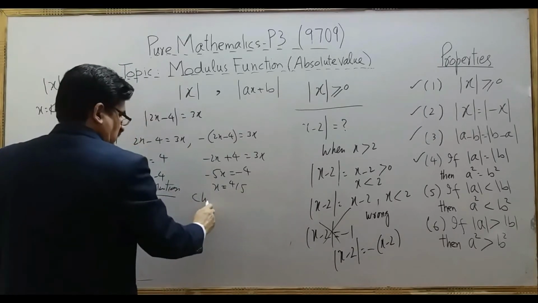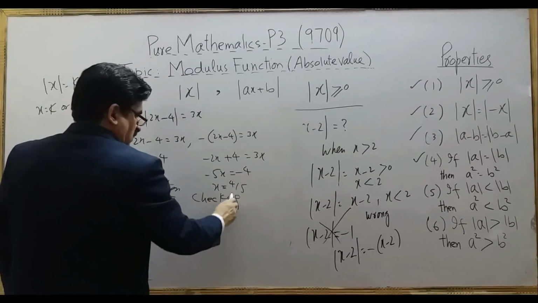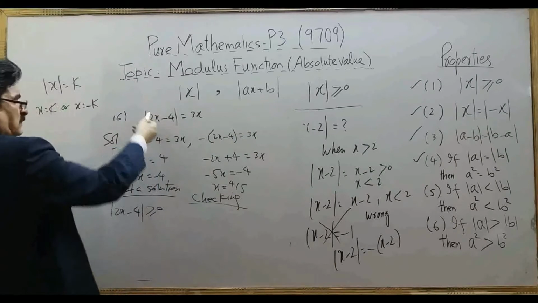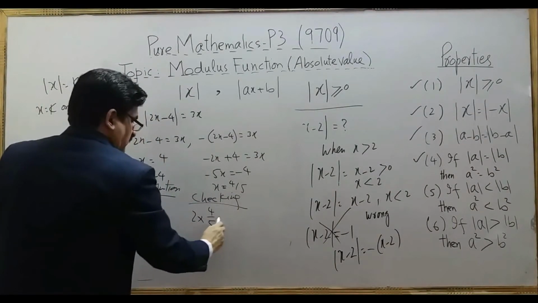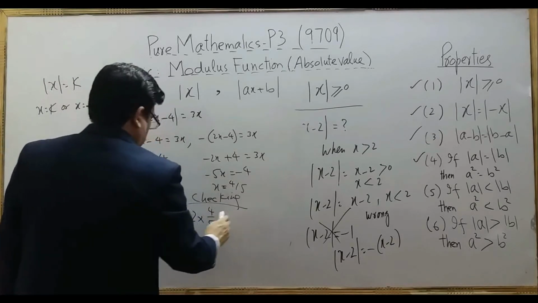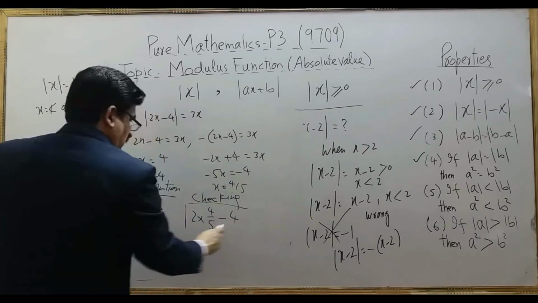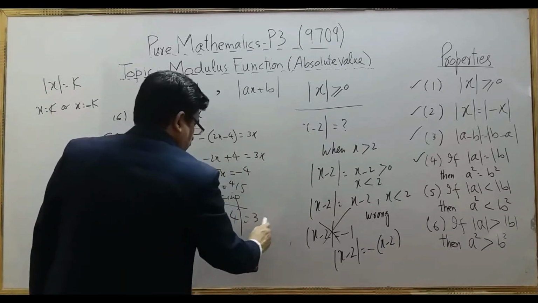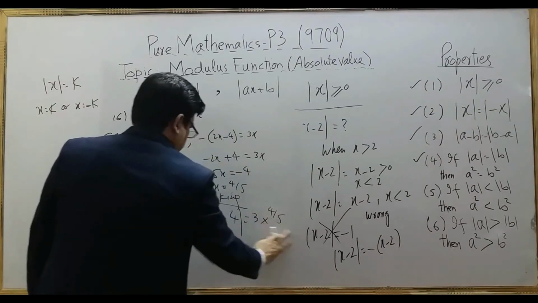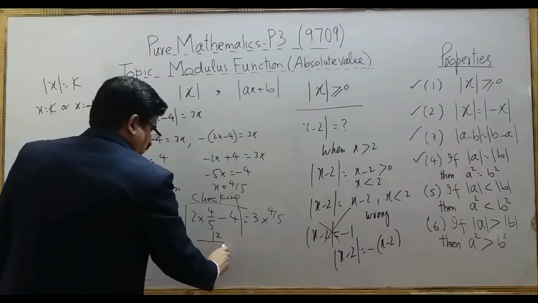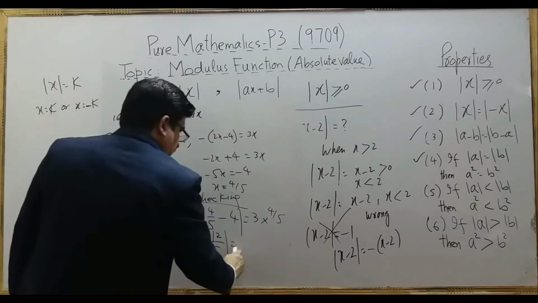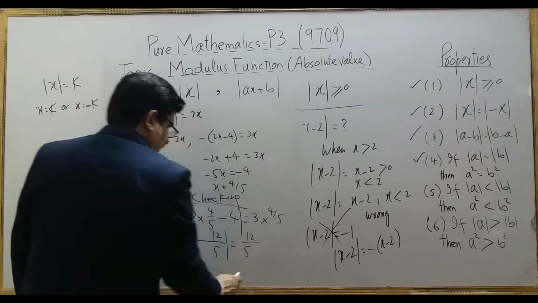Now checking. Put this value into this: |4/5 − 4| should be equal to 3 into 4/5. Now you simplify it, you will get |12/5| is equal to 12/5.